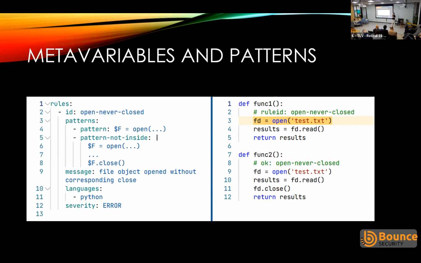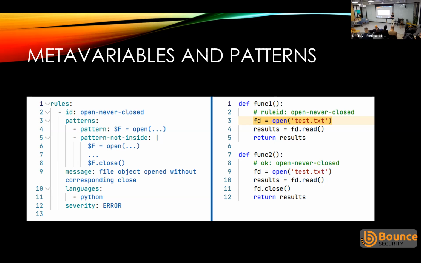So let's look at this rule. Here we want to find places in our code where we opened a file and didn't close it. So what we do, we tell it to look for a pattern of opening a file. And then we tell it to ignore the pattern not inside, meaning this pattern is not part of a flow that has open and close in the end.